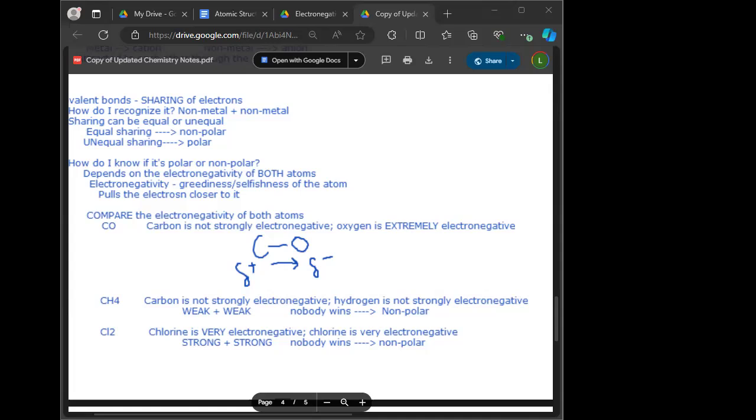Okay, now let's say that we're looking at a bond between a carbon and a hydrogen. Okay, so carbon is not that electronegative, but neither is hydrogen.